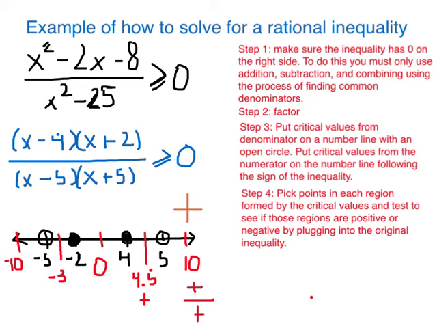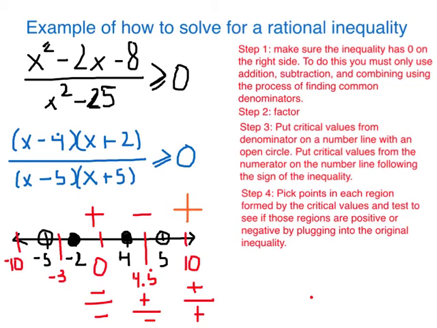So a number less than 25 minus 25 is going to be negative. See, I didn't even have to do any math on that one. I just need to know if my number is positive or negative. If we plug 0 in, we get 0, 0, negative 8, and then 0 squared minus 25 is negative. A negative divided by a negative is positive. Oops, I forgot to do this one. A positive divided by a negative is negative.